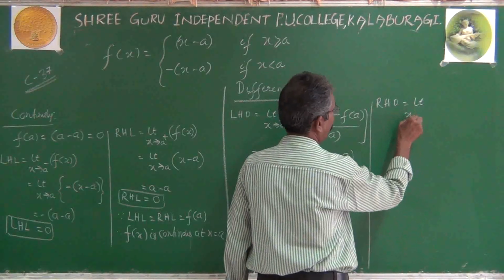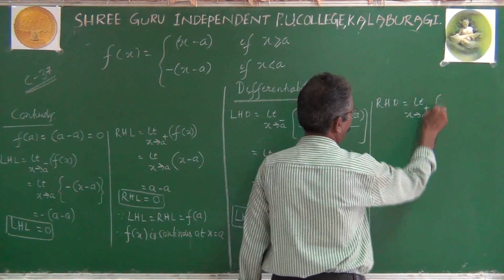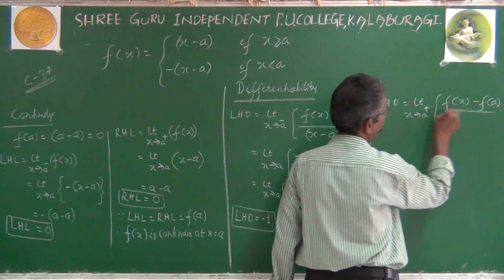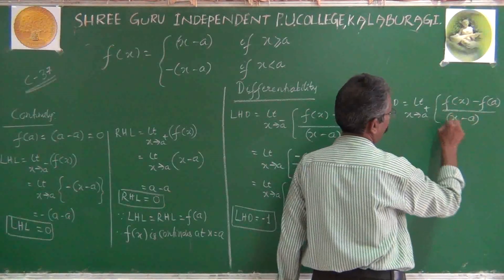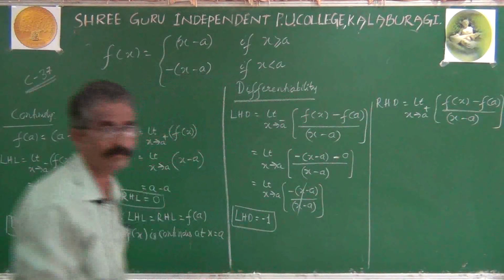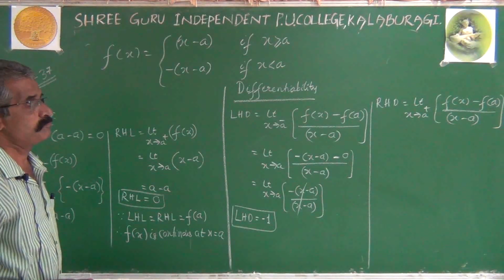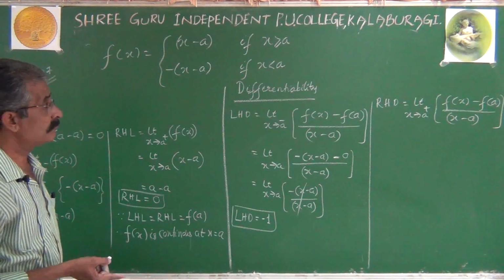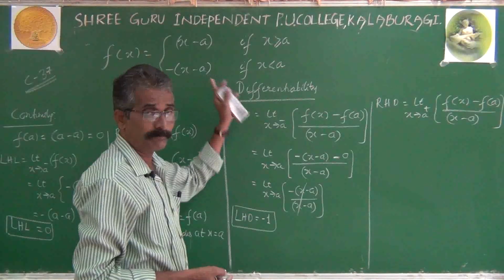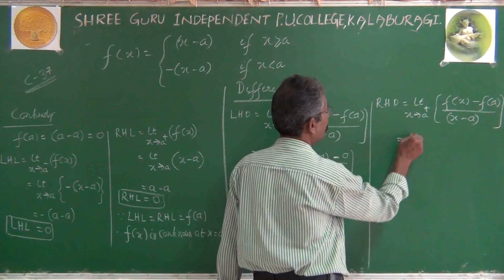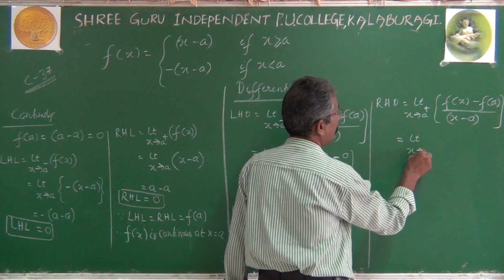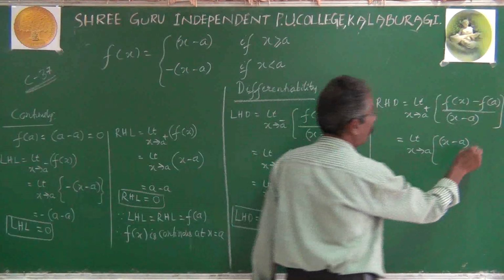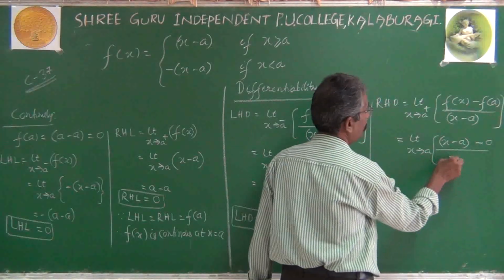Right-handed derivative: limit x tending to a plus of (f of x minus f of a) divided by (x minus a). Now a plus means more than a. When x is more than a, function is plus (x minus a). That is limit x tending to a, f of x value is x minus a. At the same time, f of a value is 0, divided by x minus a.